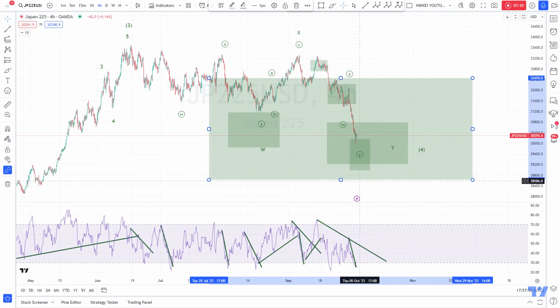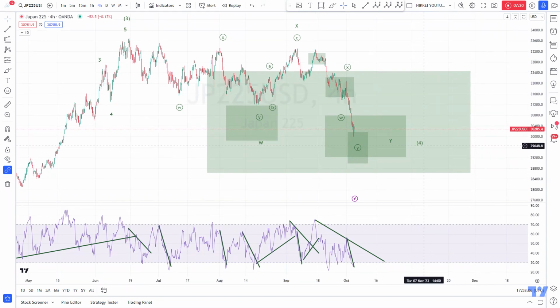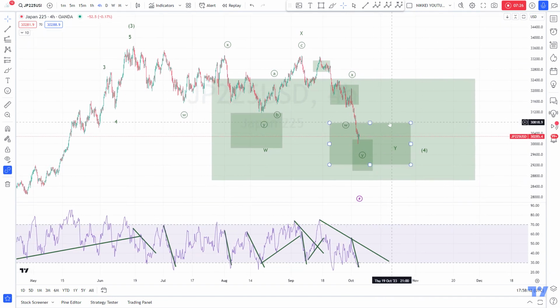As soon as we start to break this lower boundary of the wave 4 area, it becomes very likely that we are not having a wave 4 anymore, but something way more bearish. But this is something to discuss in the higher time frame analysis. For now, I just focused on the lower time frame and this structure.